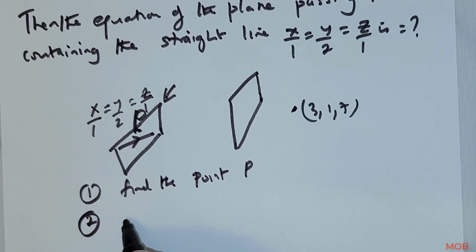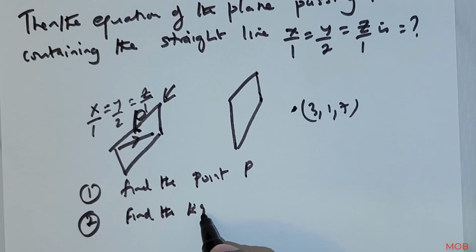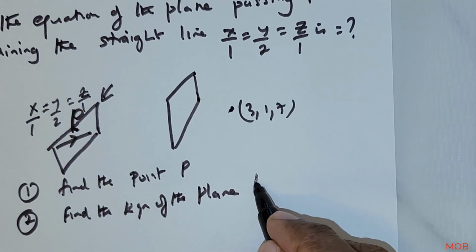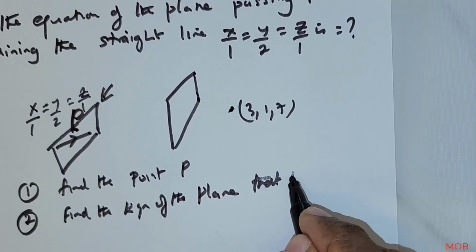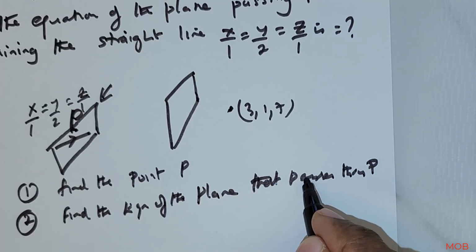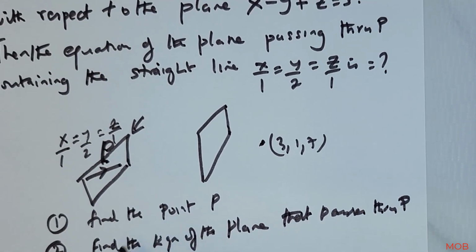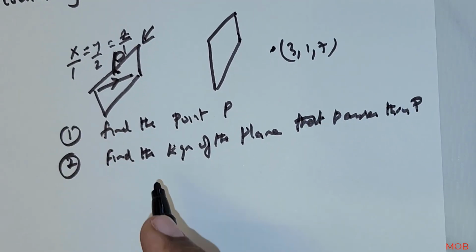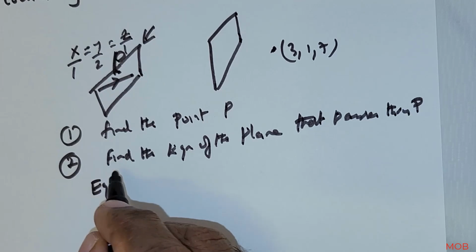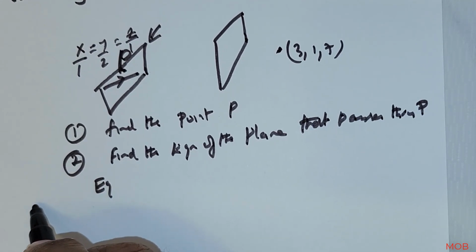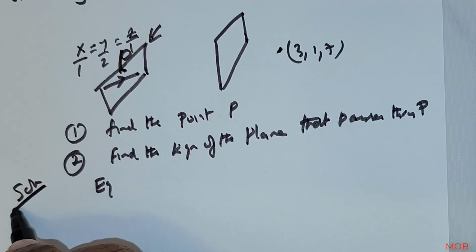Our second objective is to find the equation of the plane that passes through P. Once we are set with these two objectives, then the solution is complete. Now, having mentioned this, let me start off. Foremost, this is the solution.